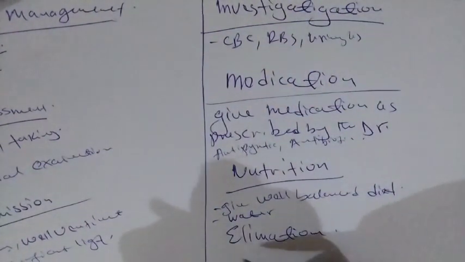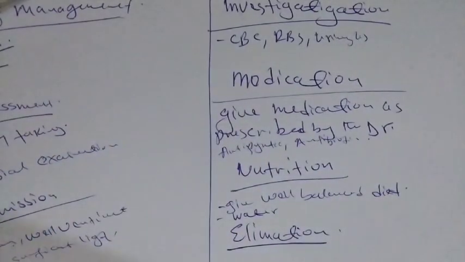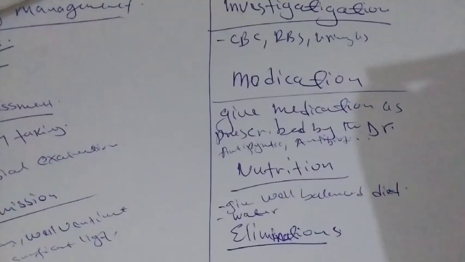So then after we come to elimination. Those eliminations are feces, urine, vomitus. See? So now, what are we going to monitor here?